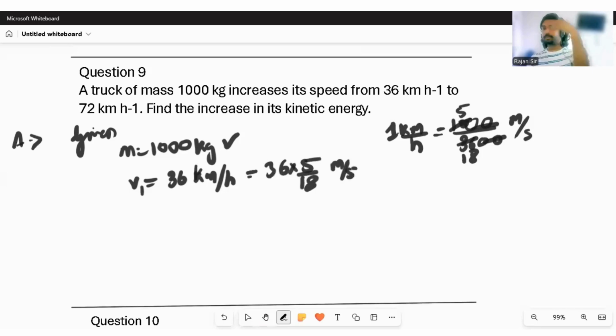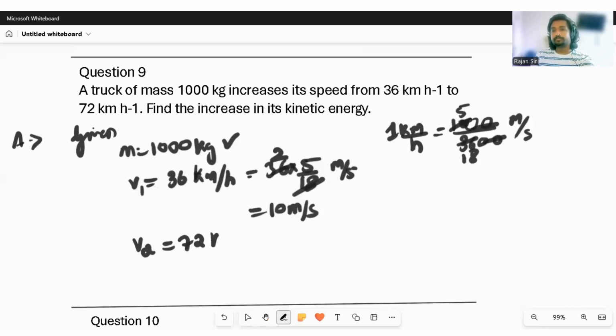So you don't have to remember it. You can directly do it. So we have 2 and this is 5, so this is 10 meter per second, whereas v2 is 72 kilometer per hour. So again, the same factor, 72 into 5 upon 18. Now we know that 18 fours are 72. We have 4 fives are 20 meter per second. So we got our two values.